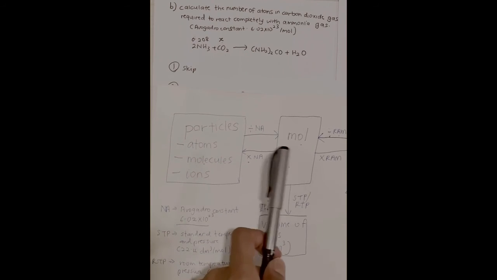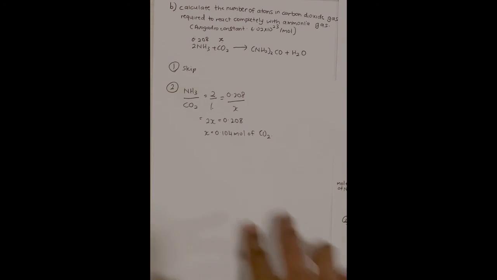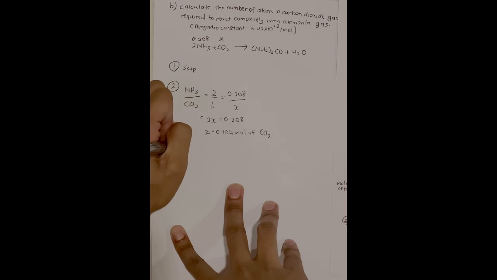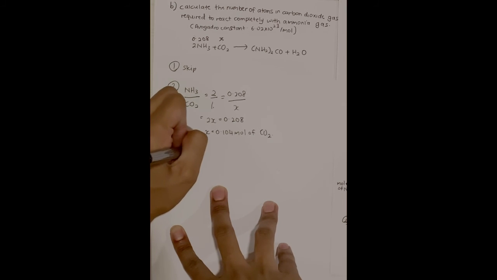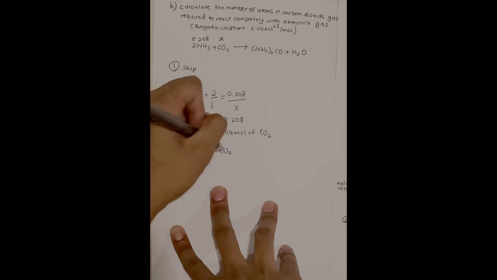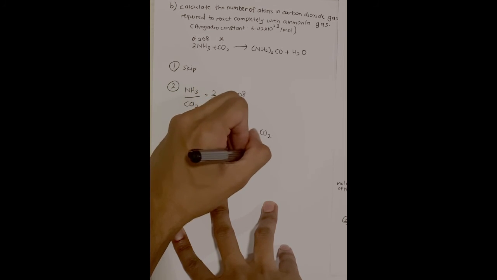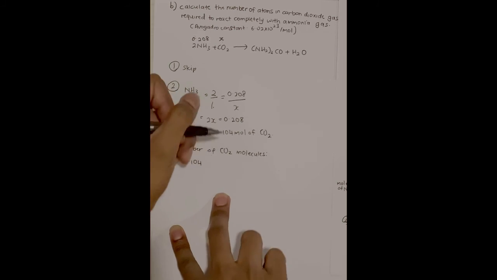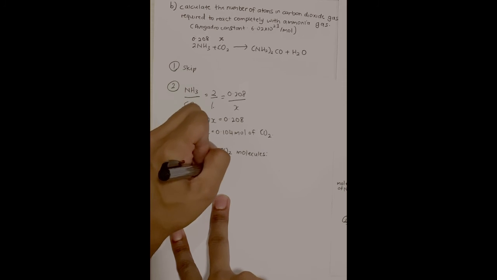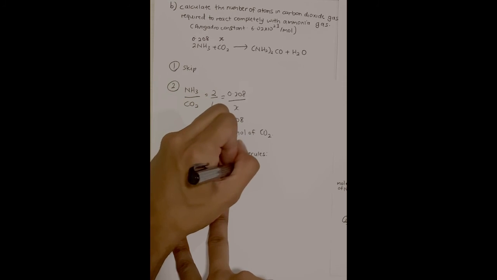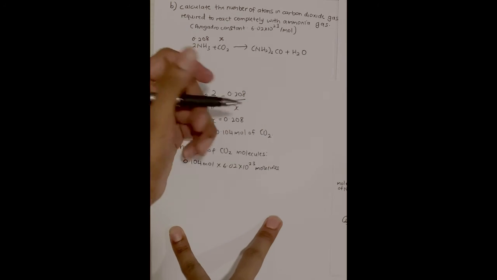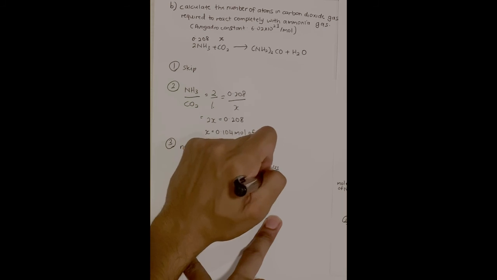So to find that, from mole, I'm going to go to molecules. So I have to times by the Avogadro constant. So the number of CO2 molecules is going to be 0.104 mole times 6.02 times 10 to the power of 23 molecules per mole.